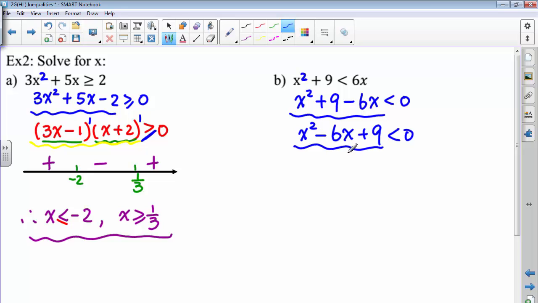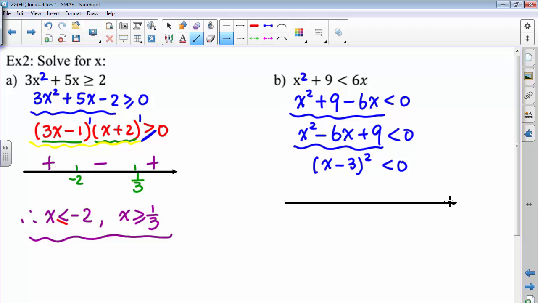Then I factorize this trinomial, so it's (x minus 3) squared is less than 0. If I draw the Venn diagram, in this case, I only have 1 0 point, which is 3. Then I can use testing.